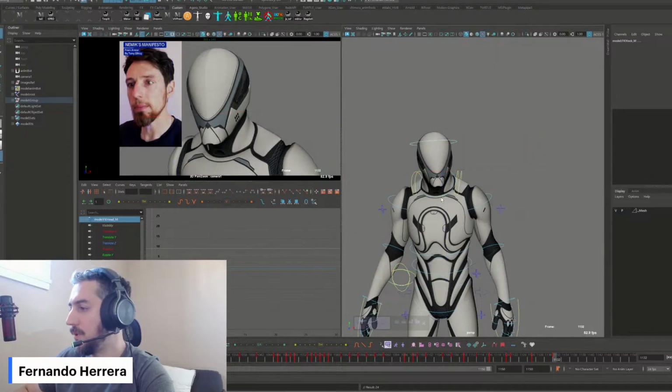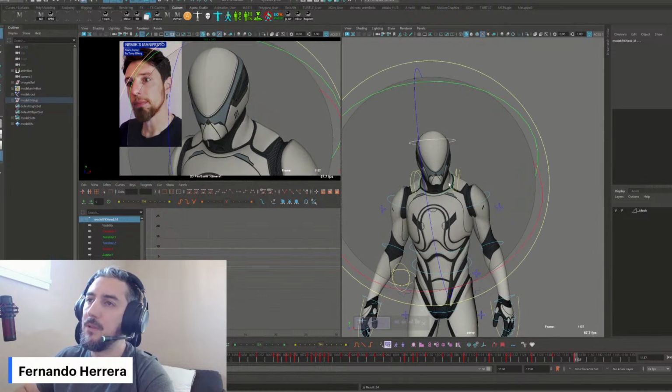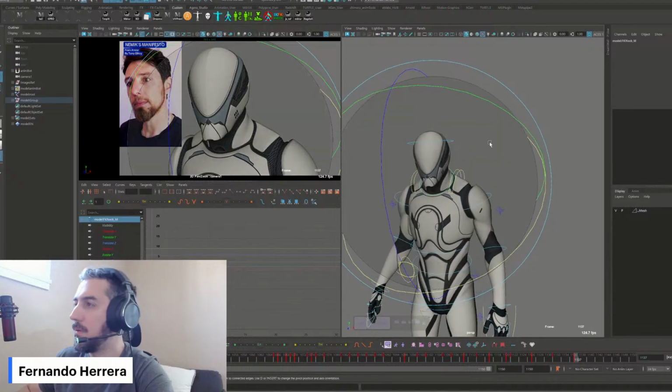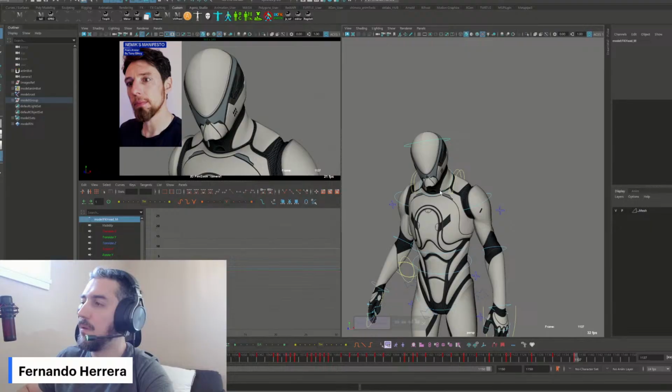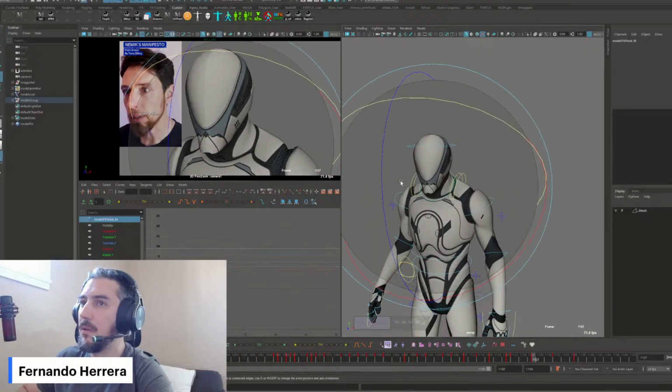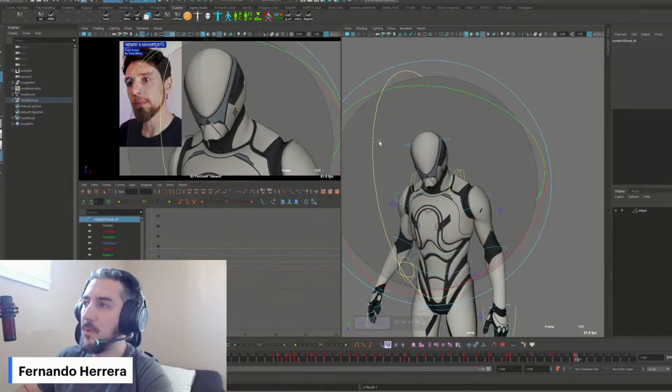Okay, almost there. So here, definitely using the neck to tilt that way. And definitely he's posturing his neck back more here.